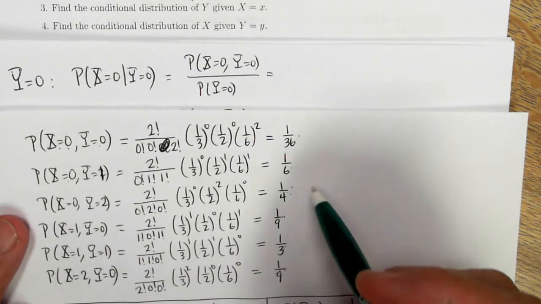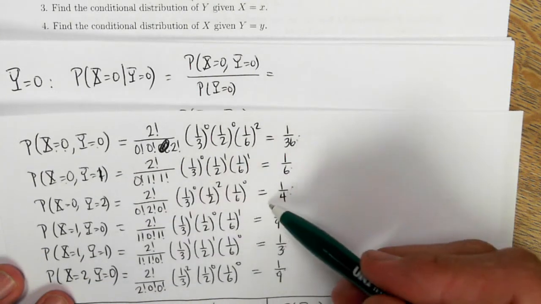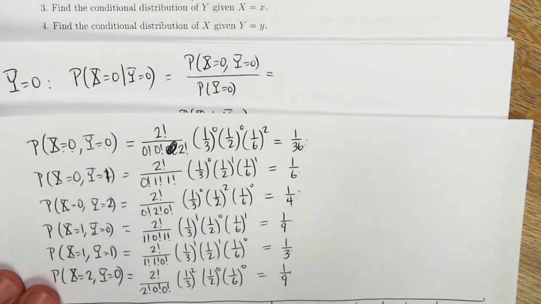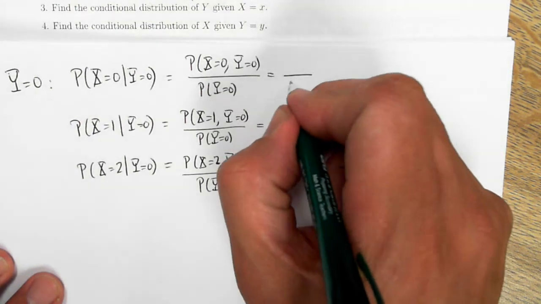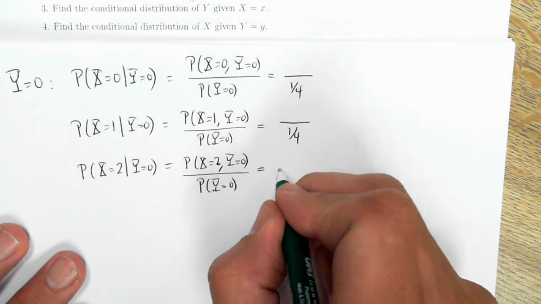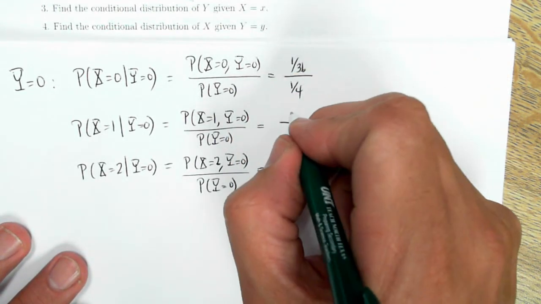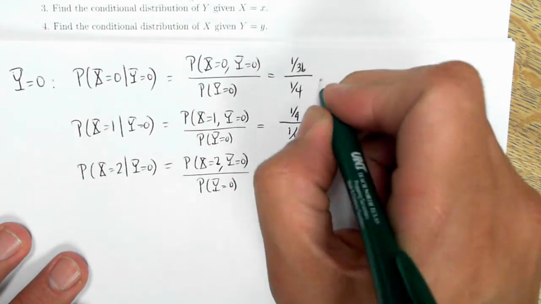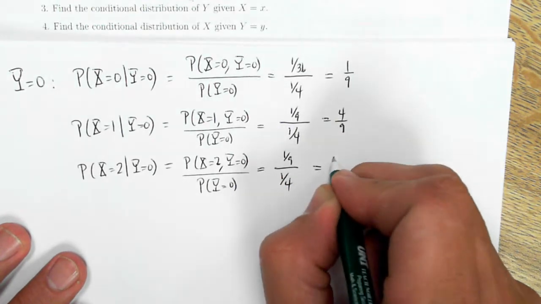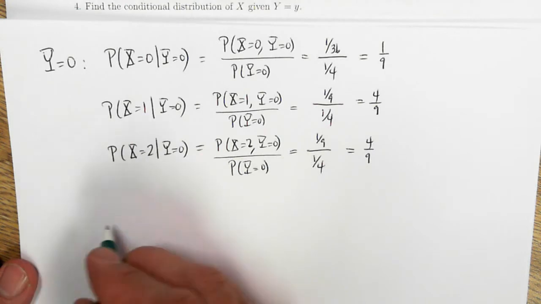And we found up here the chance that x equals 0, y equals 0 is 1/36. Then the other one is 1/9, and the next one is also 1/9. So all of these are over 1/4. And the numerators are 1/36, 1/9, and 1/9. So the top one is 1/9. Then the bottom two are the same, 4/9. So that's the conditional distribution of x given that y equals 0.